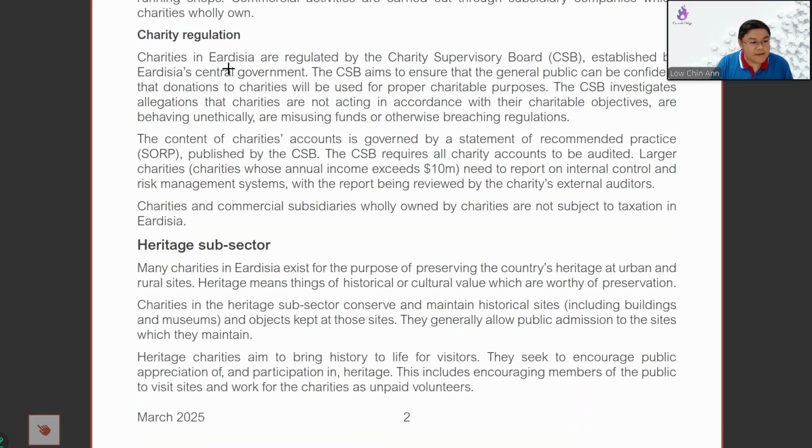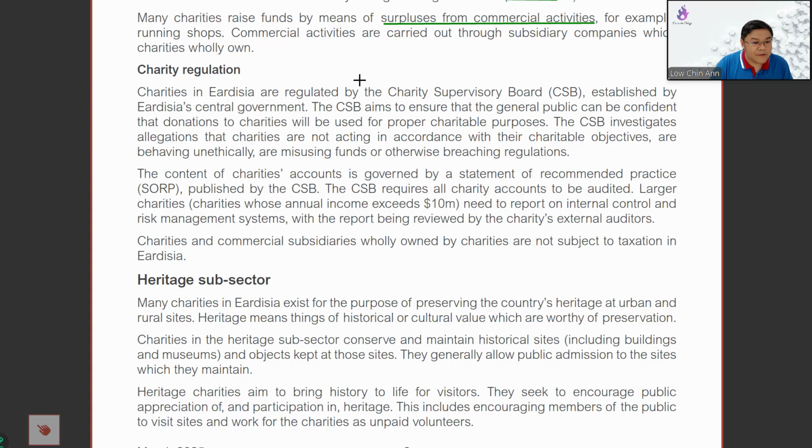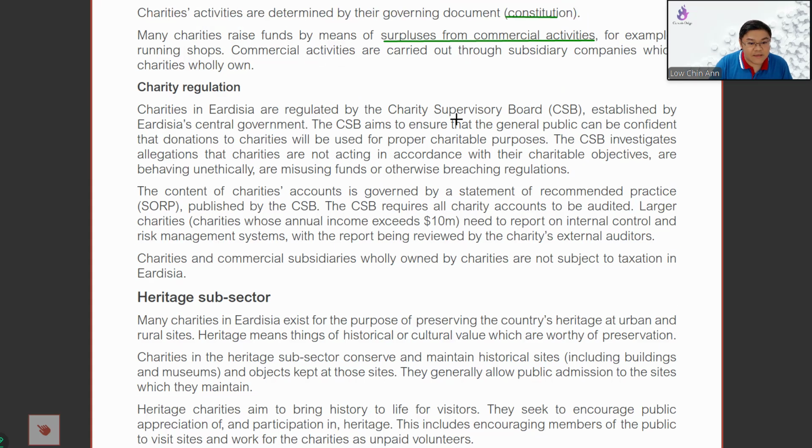Charities in Rhodesia are regulated by the Charity Supervisory Board, established by the Rhodesia central government.